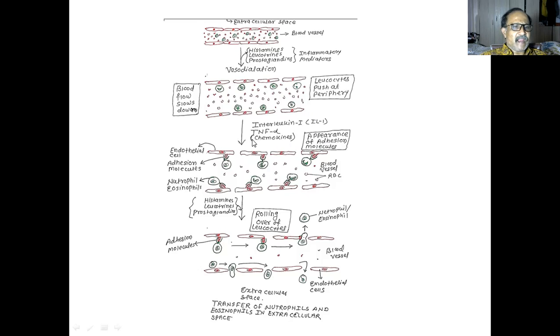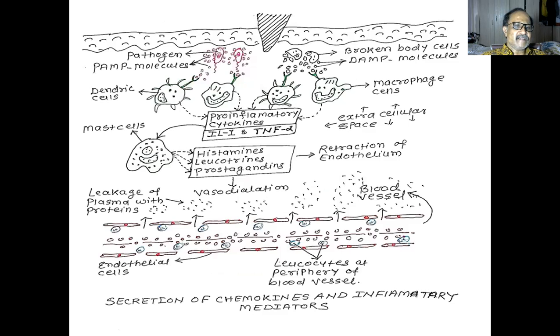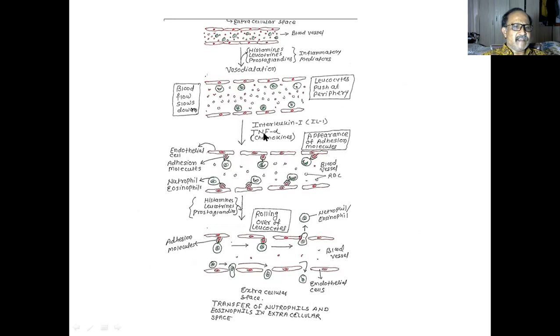Interleukin 1 and tumor necrosis factor alpha, TNF alpha, which are firstly secreted by the macrophage and dendritic cells, cause the appearance of adhesion molecules on the internal side of endothelial cells and on the membrane of the leukocytes.